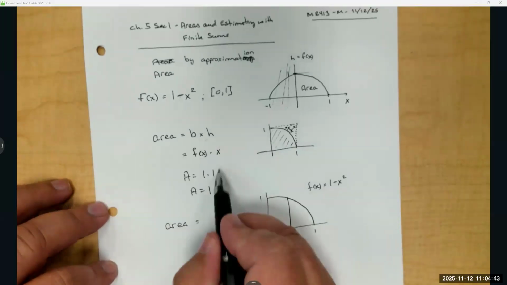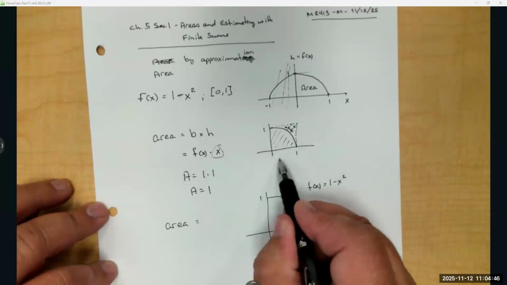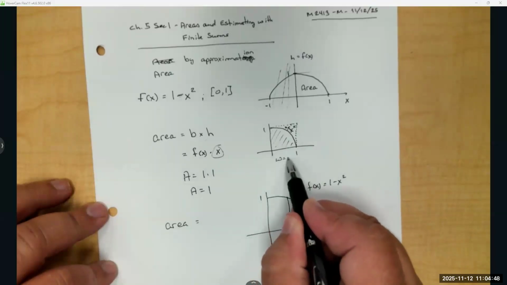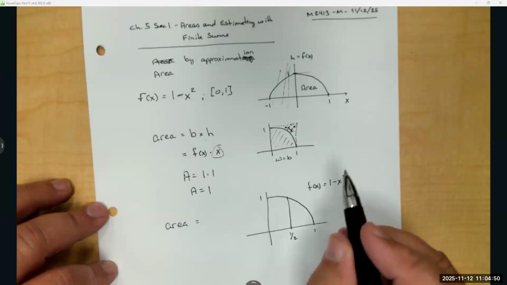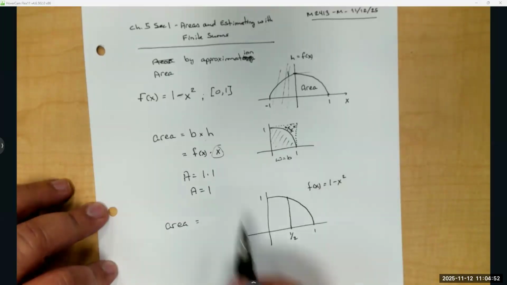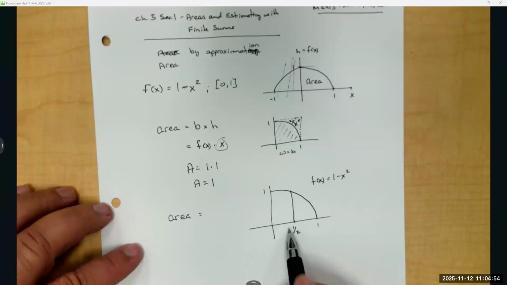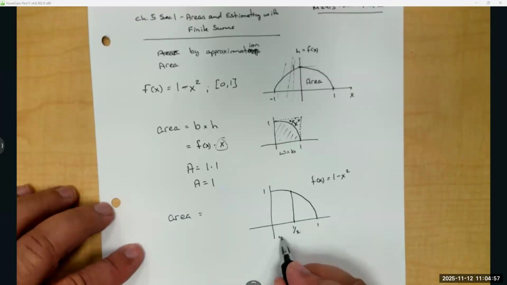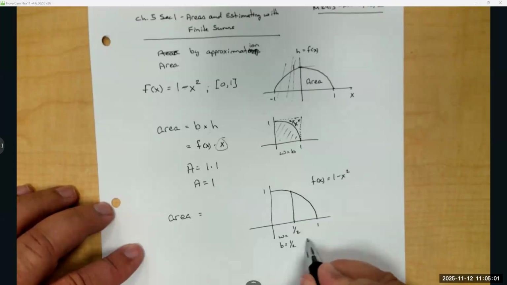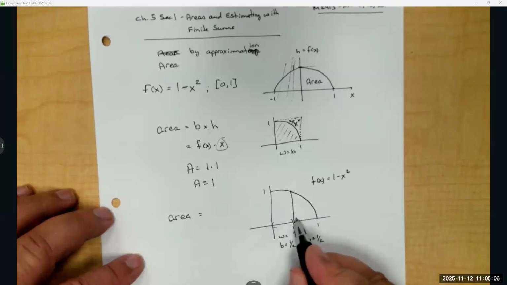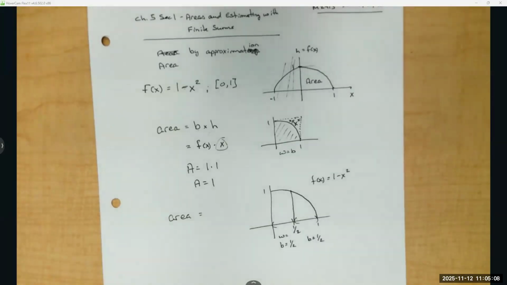The base, the x value, is the width. Right now it's just 1. Here, our width or base is 1/2. The base is also 1/2 over here. It's from here to here. The question now is which area do we use?